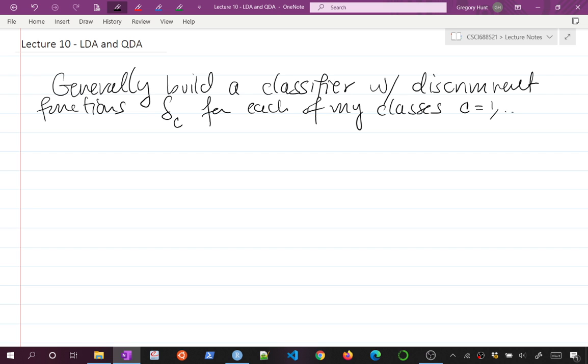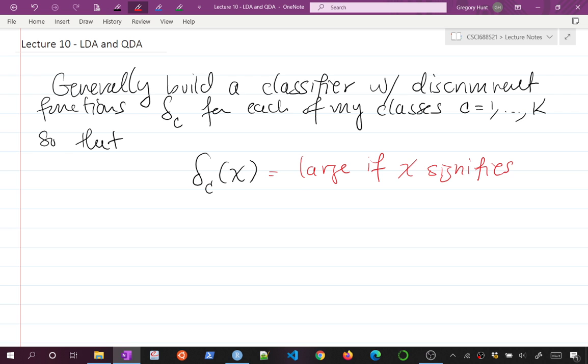You can generically call them classes 1 to, let's say, K. The idea is that delta c of some x is going to be large if the given x signifies that the associated y is likely to be in class little c.